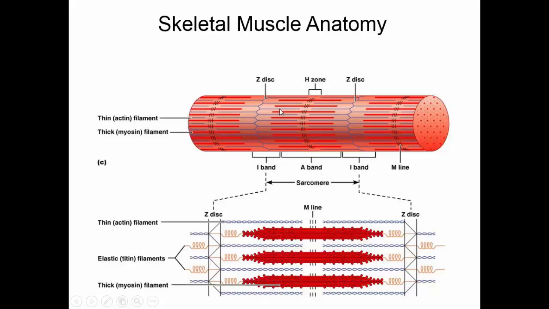You can see how actin and myosin overlap, and this is going to give us our striations. Thin filaments only, thin and thick filaments only. When actin slides across the myosin, it brings the Z discs closer together, shortening the sarcomere. This happens in every sarcomere up and down the myofibril, and this is what causes the muscle to shorten.